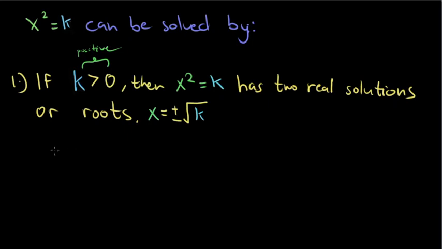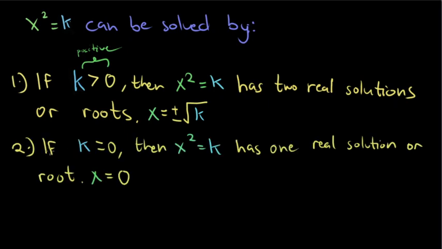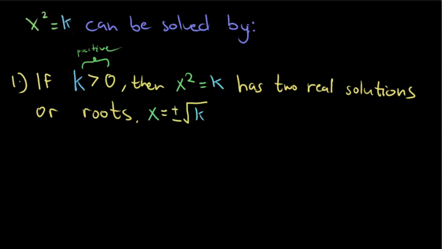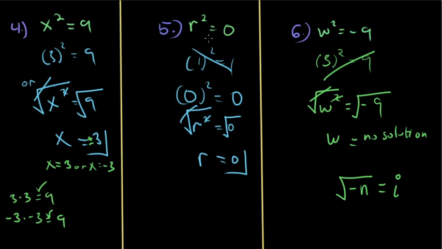Ano pa yung ibang property na dapat alam natin? The second property states that if k is 0, then x squared equals k has one real solution or root, which is 0. Kagaya to ng example natin kanina. K is 0 at ang nakuha nating solution, o root, ay isa lang din, 0.